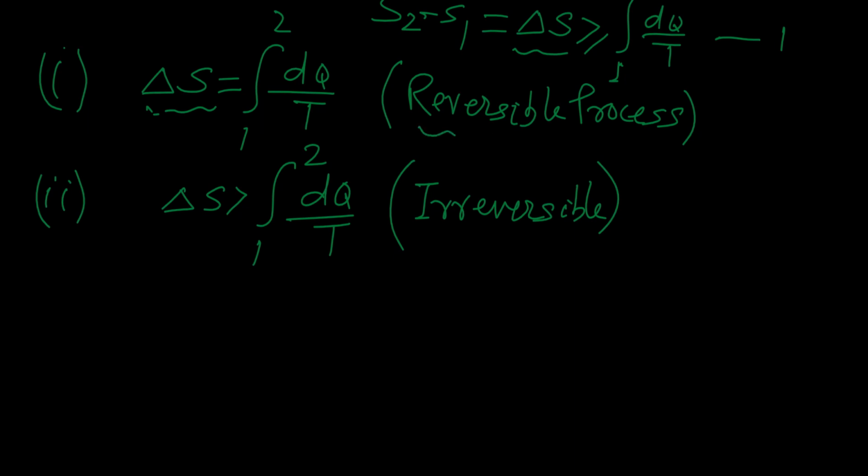In that condition, we can find the change in entropy exactly. But as equation 2 says, if the process is irreversible, you can't find the exact value of the entropy change delta S, because here inequality stands.